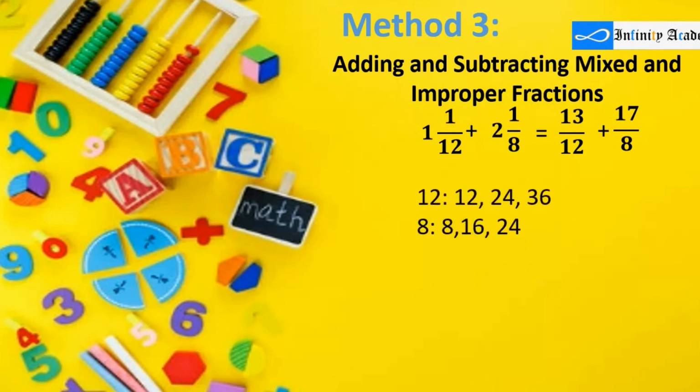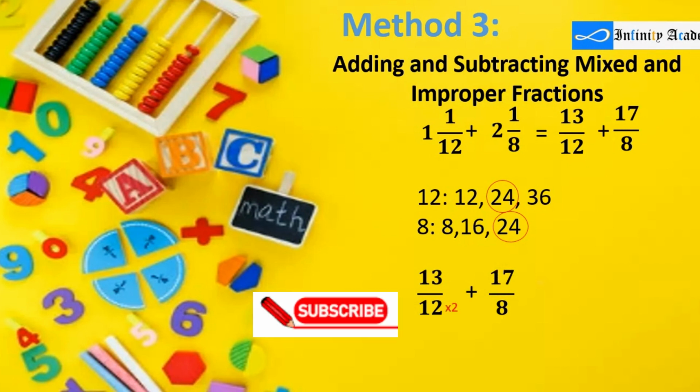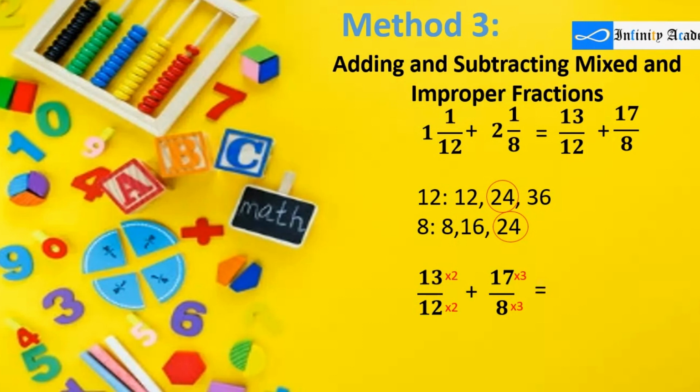So first of all, find the common multiples of 12 and 8, circle the common multiple and then write the fractions again and make the denominator same, that is 24. So multiplying the first fraction by 2 and multiplying the second fraction by 3 to get 24 in the denominator. In this way, we got the first fraction as 26 by 24 and the second fraction as 51 by 24.